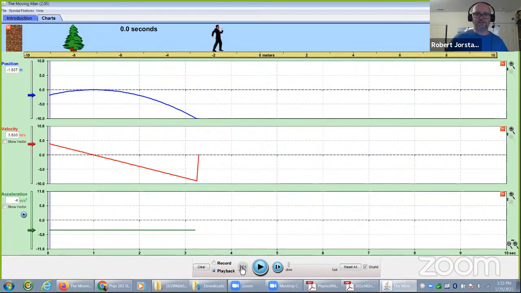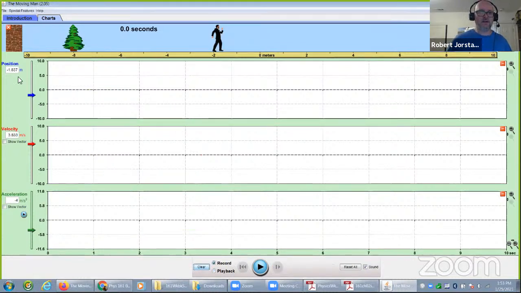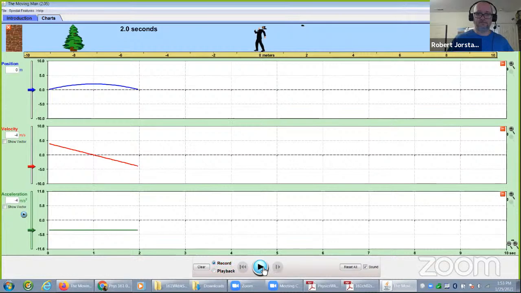Now, if you're curious and want to do this again, let's clear all this. We could do something like this. Let's start from 0, start from 4, and make this -4. If you run this thing, right, what I'm going to do now is I'm going to change the acceleration to +4 and run this again.